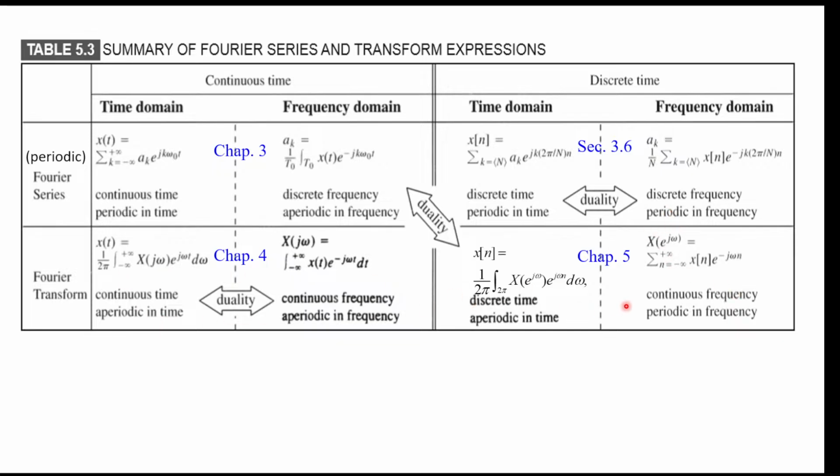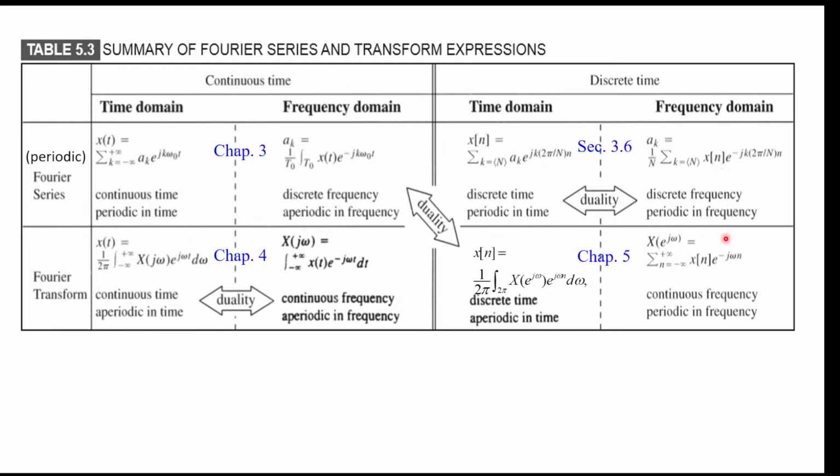This is a recurring thing that keeps happening: whenever we have a discrete-time signal, in the frequency domain your signal is periodic with period 2 pi. This is a concept that we keep emphasizing.